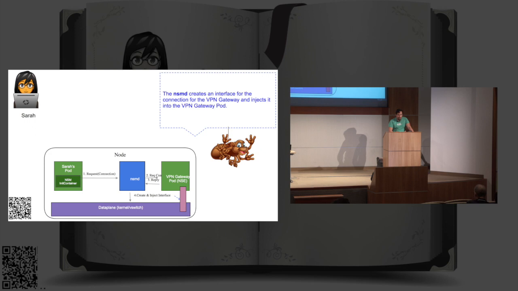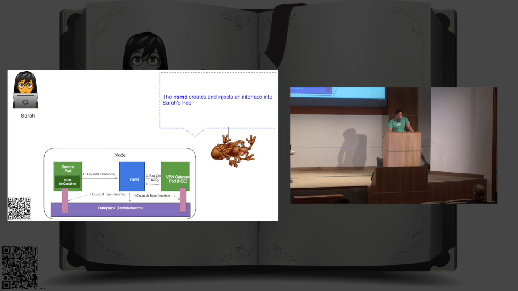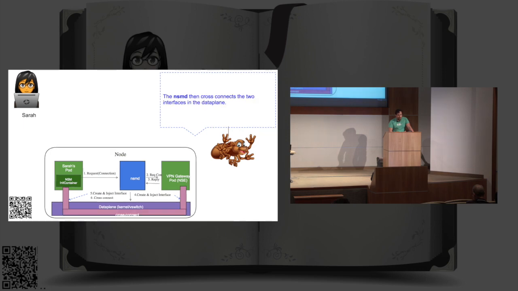Then it creates and injects the interface within the client pod inside of Sarah's pod. Then it creates a point-to-point connection within the data plane, which completes the cross-connect. Finally, it responds back to the client saying that the connection is up and ready to go. That way you don't have a client that thinks it has access to a network when it's not ready yet. So this is the single node use case.